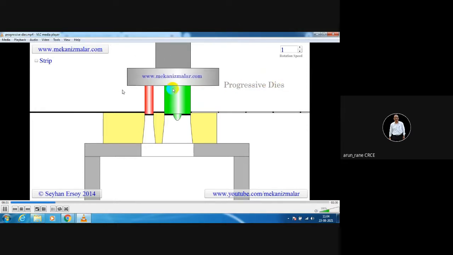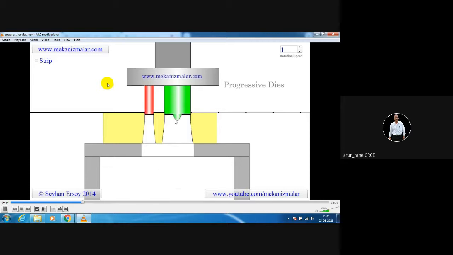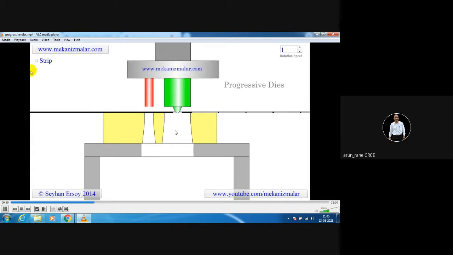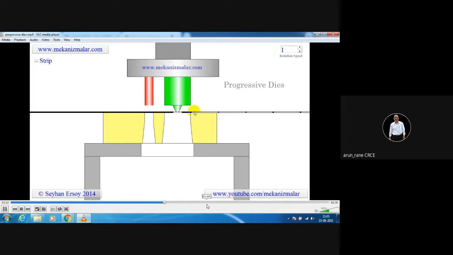So punching is done first and then blanking. So this is your location. See, now there is a float.